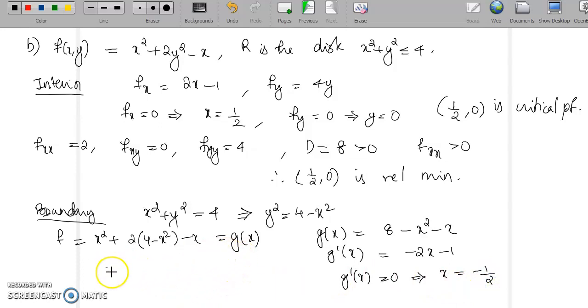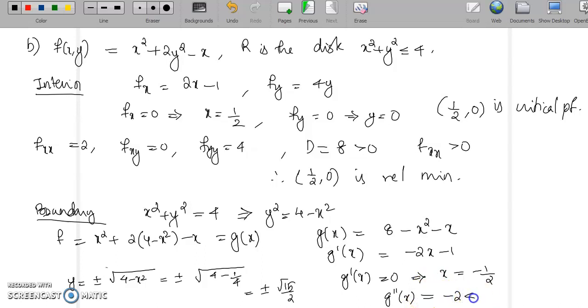When x is equal to minus 1 by 2, y will be plus or minus root of 4 minus x square. So that will be plus or minus root of 4 minus 1 by 4, so that will be plus or minus root 15 by 2. Now g double dash of x will be minus 2, which is less than 0.